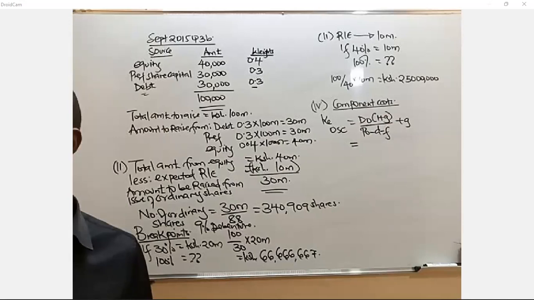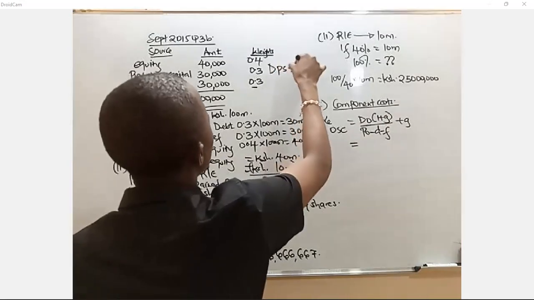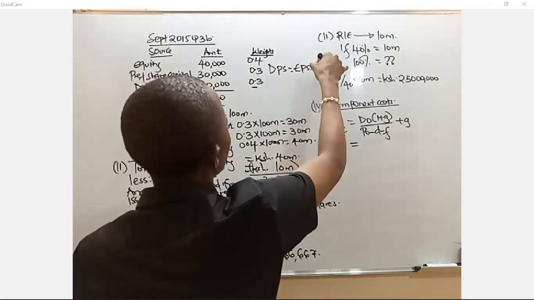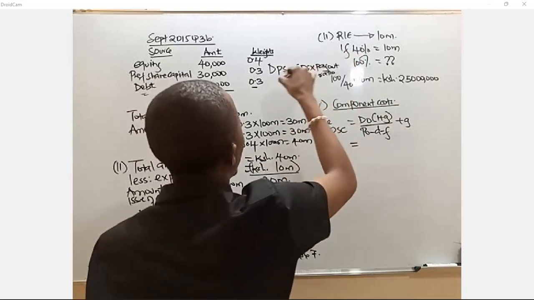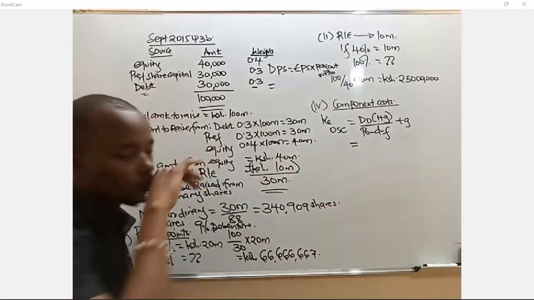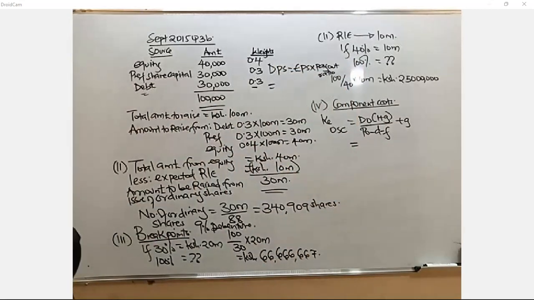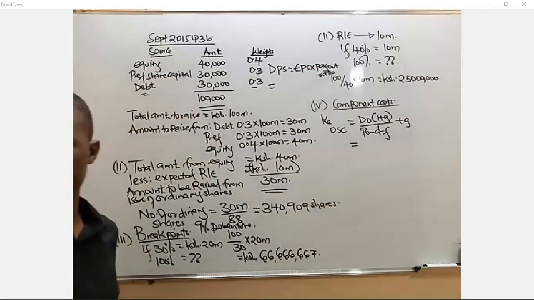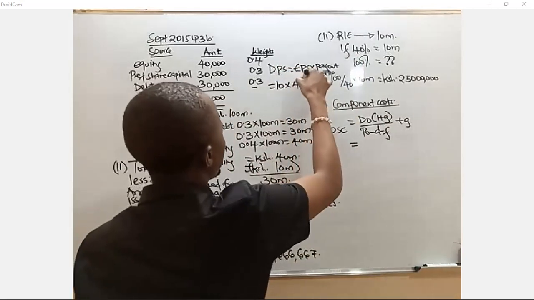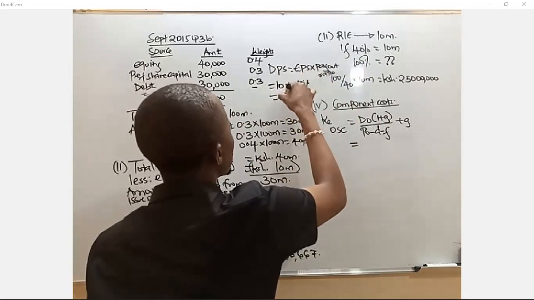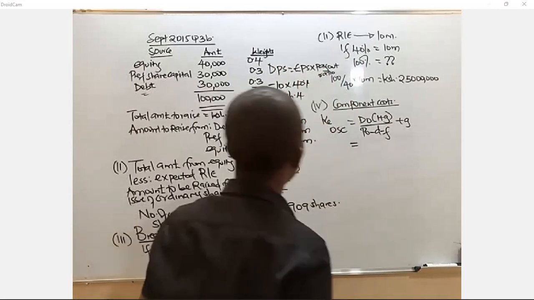But also the company's earnings per share. I told you when the DPS is not provided, you don't need to panic, because you take your earnings per share and multiply by the payout ratio. How much is our earnings per share? We have been told the earnings per share this year is 10 shillings, and we adopt 40%. This equals 4 shillings.